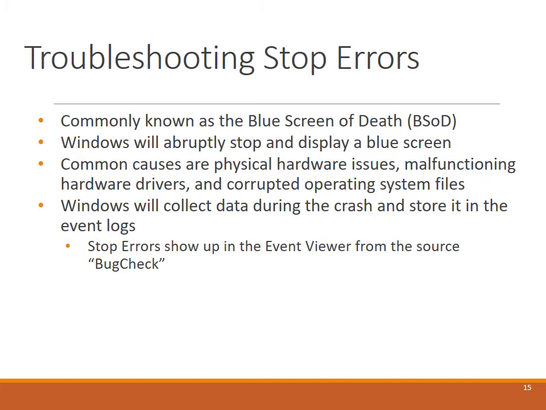There are some third-party utilities out there that do a little bit better job than the event viewer of telling you exactly why your machine blue screened. I'll leave that up to you to go out and find those, but there are definitely some utilities that help you parse that information a little bit better. But Windows Event Viewer does a pretty good job of it.